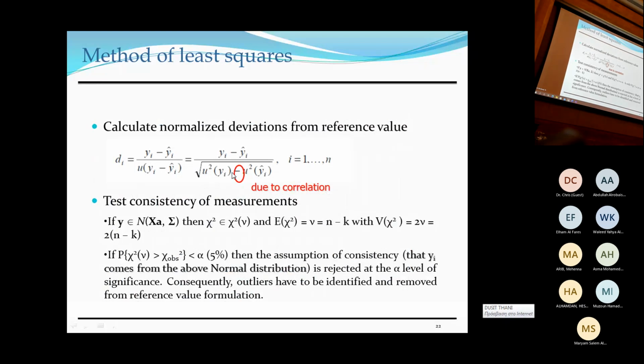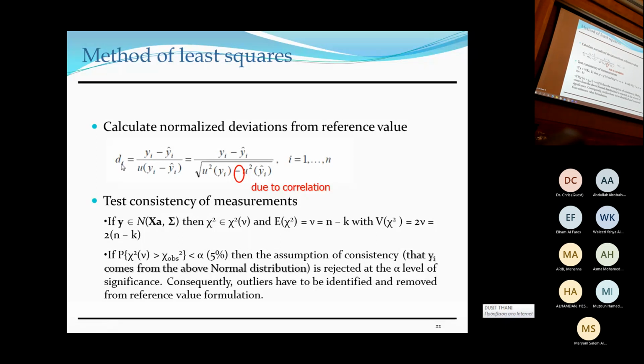Why? Because these are correlated and there's a minus sign here. Why are they correlated? Because this number was used in order to calculate the weighted mean. So there's a minus here, and we form what is called the normalized deviations from the reference value. So what does this help me do?